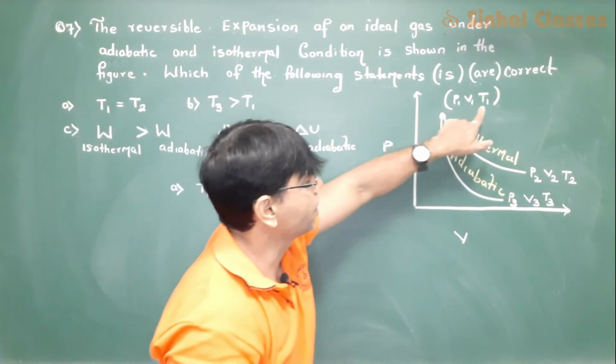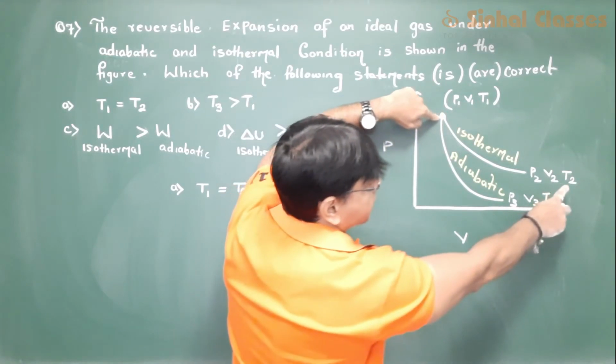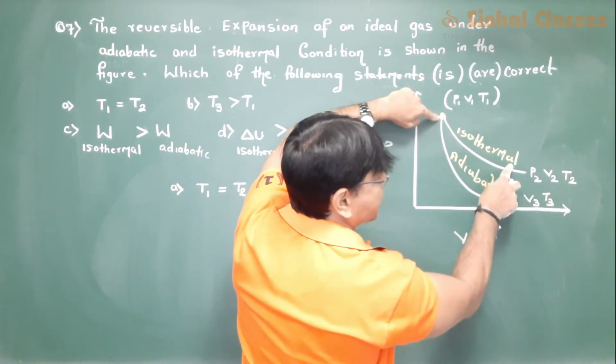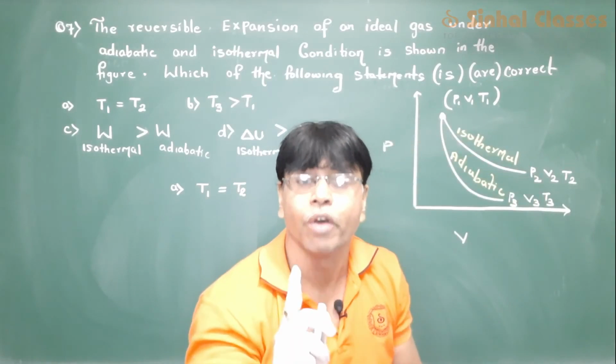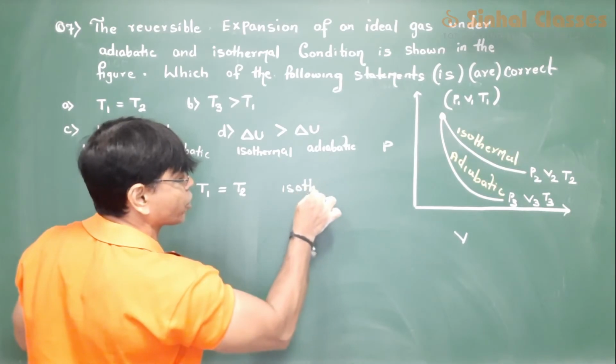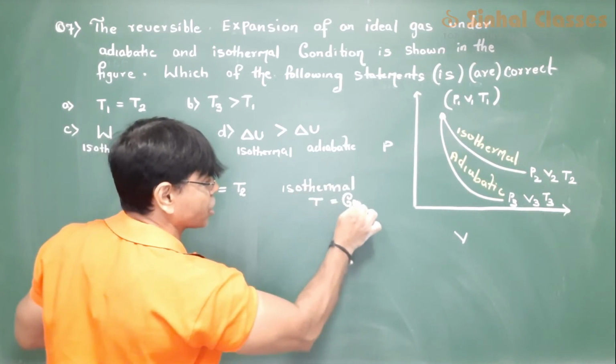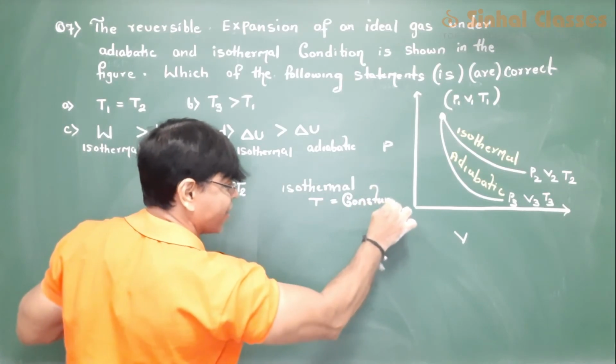Let's see. Here is T1, the initial, and here is T2 for the isothermal process. We all know that for an isothermal process, temperature remains constant.